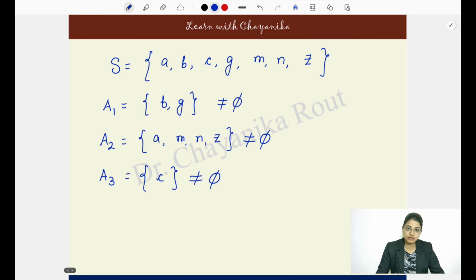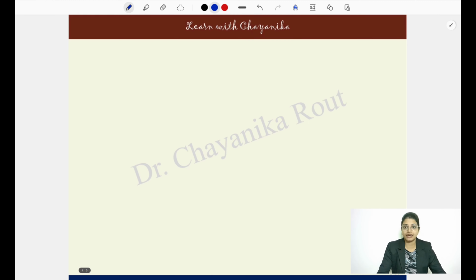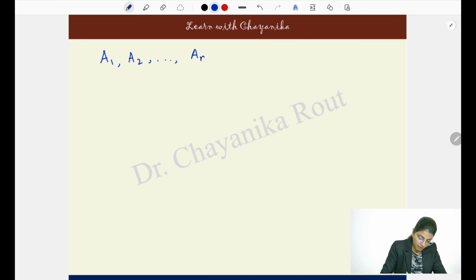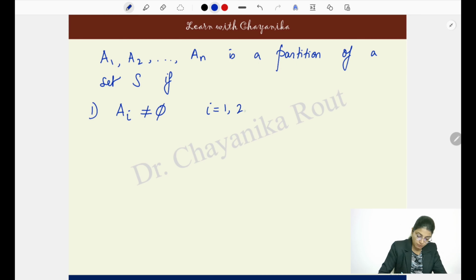So let me just list down the important points that one should keep in mind while creating the partition of any set. So we say that a collection of subsets A1, A2 up to An is a partition of a set S if the following conditions are satisfied. First condition, each Ai is a non-empty set where i runs from 1 to n.